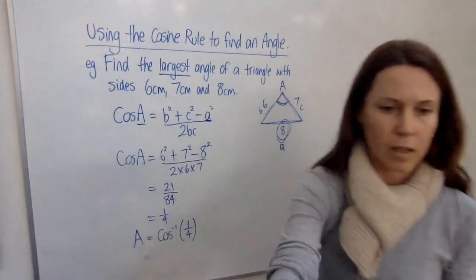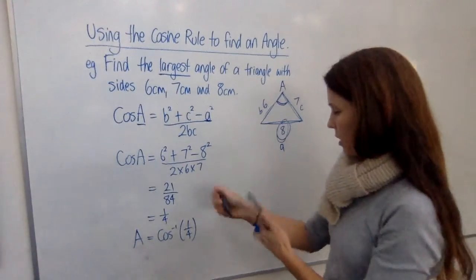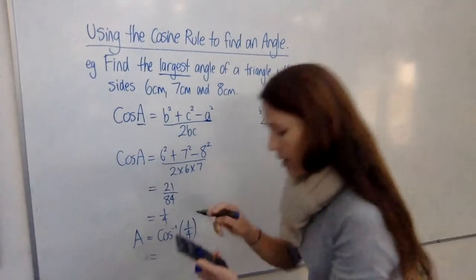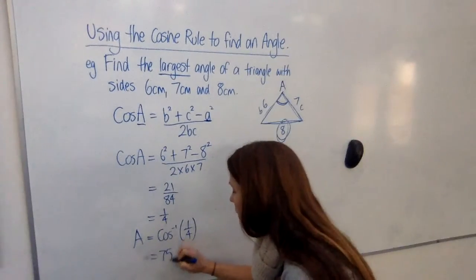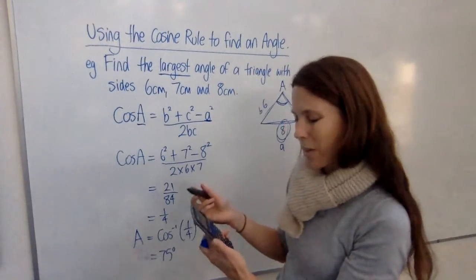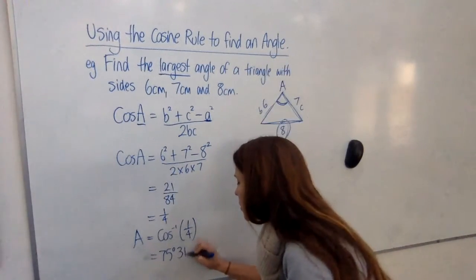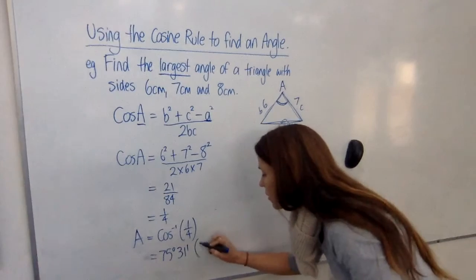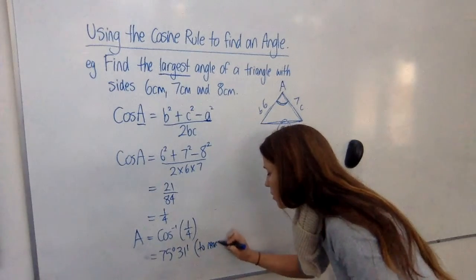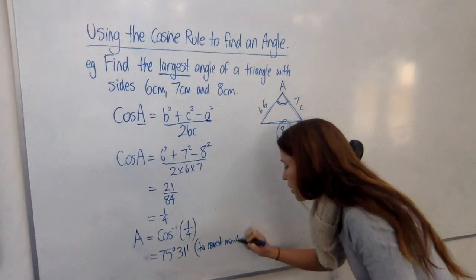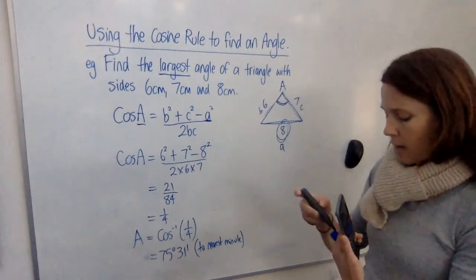Let's do it to the nearest minute, and we find that A is 75 degrees, 31 minutes and 20 and a bit seconds. 20 and a bit seconds rounds down, so that leaves us with 31 minutes. Now I've rounded it off to the nearest minute, so write what you've rounded it off to, and we're done.